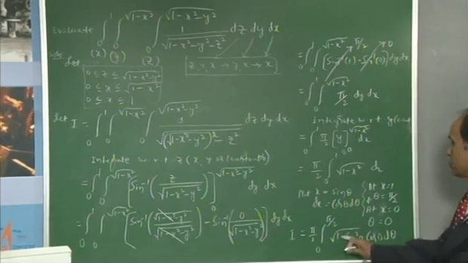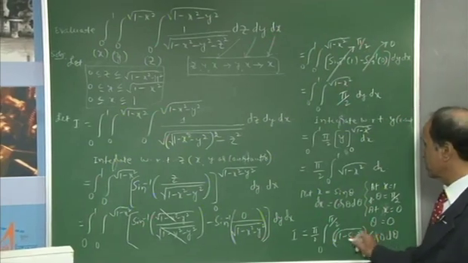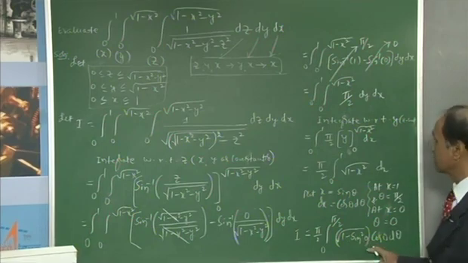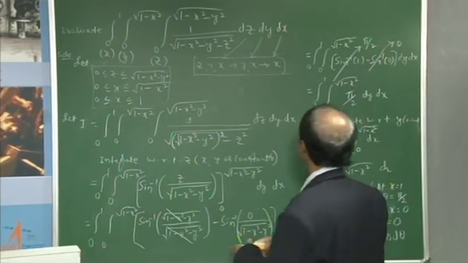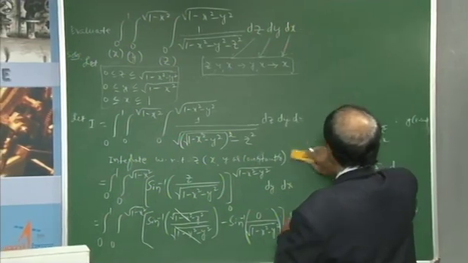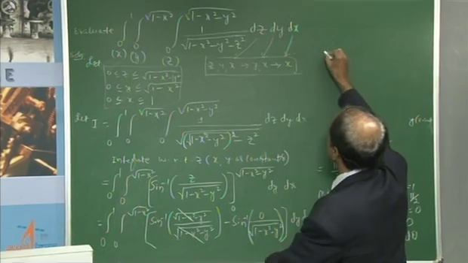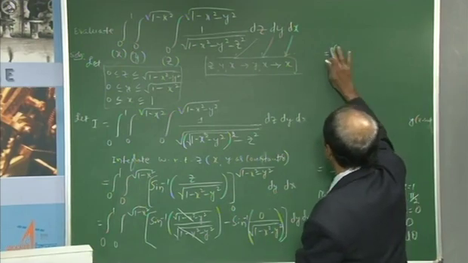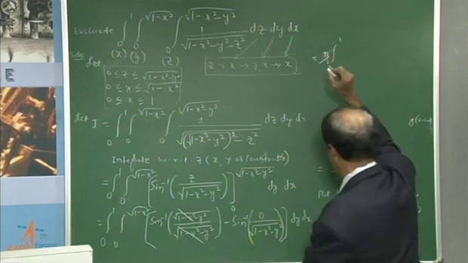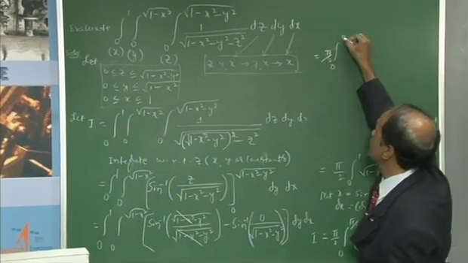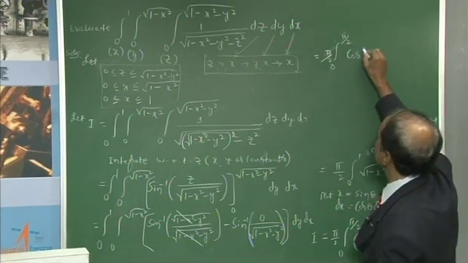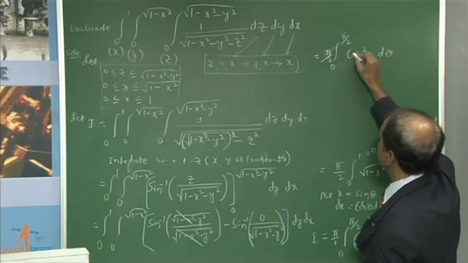Then square root of 1 minus sin square is taken as square root of cos square theta, which leaves the quantity as cos theta. Then you will get under the integration pi by 2 outside as it is, then 0 to pi by 2, cos square theta d theta.